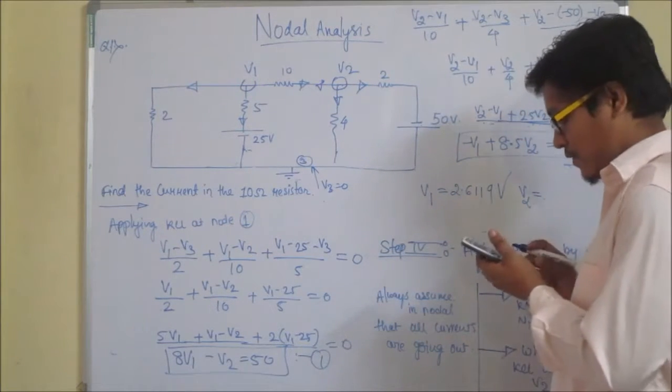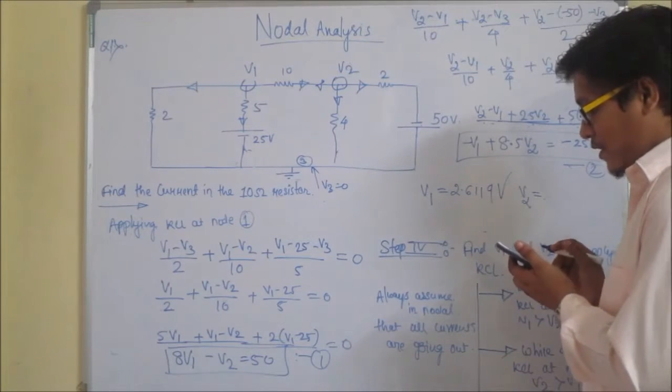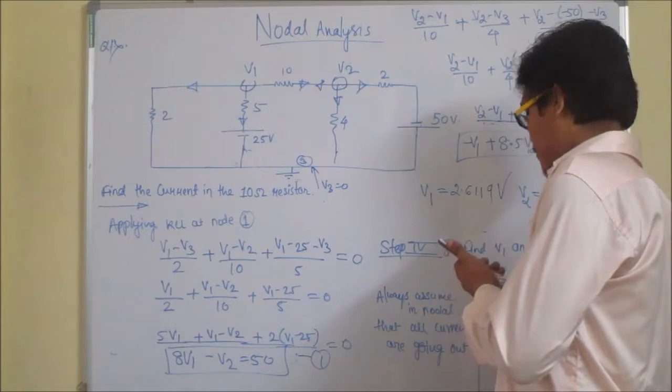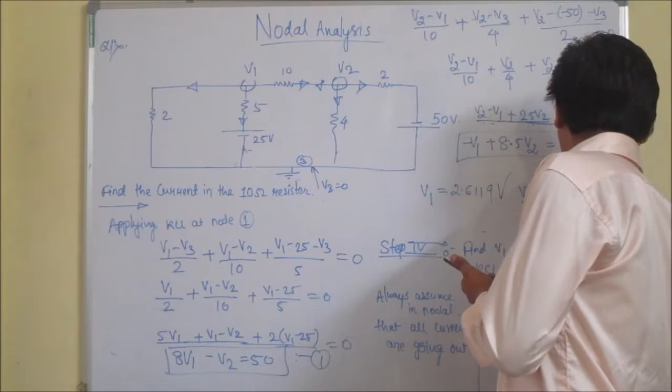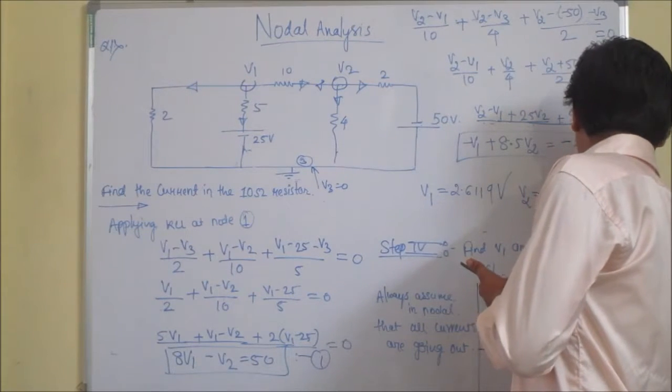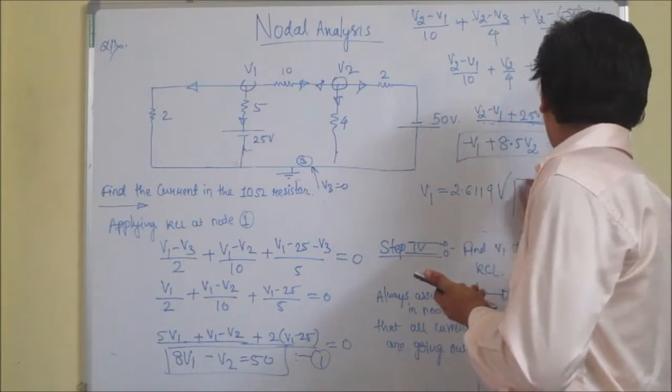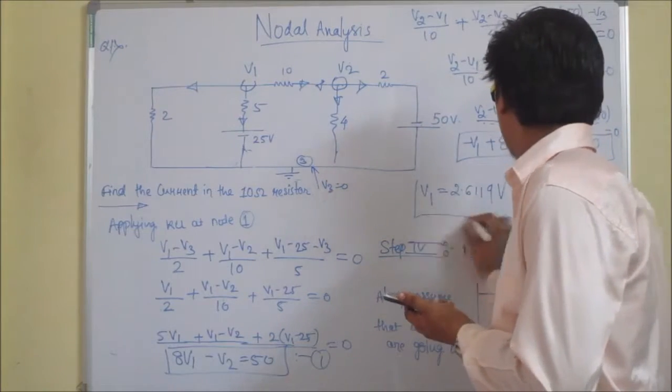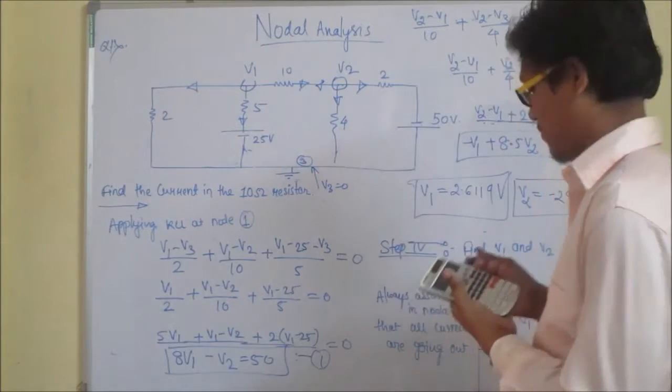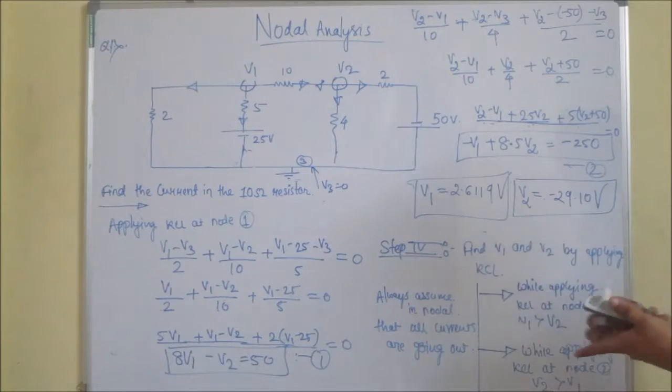Here the value is 29.10, minus 29.10 volts. So these are the values of V1 and V2.